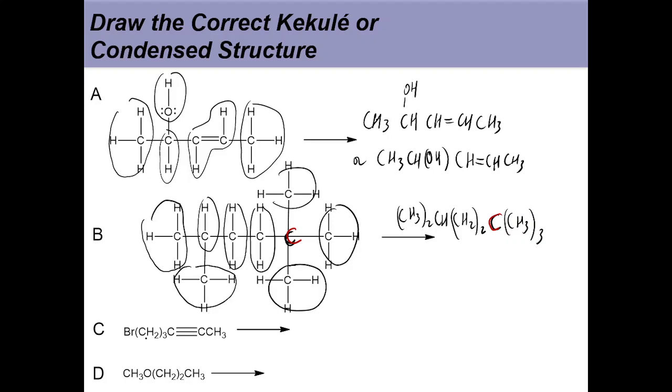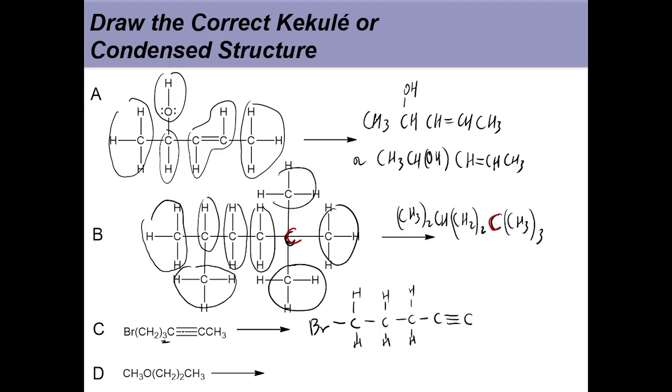The next example is to expand this condensed structure into Kekule structure. The Kekule structure of this will be, start with the bromine, which bonds next to 3 CH2s. So it will bond to CH2 in parentheses 3, meaning this same unit will repeat 3 times. Followed by a carbon-carbon triple bond.